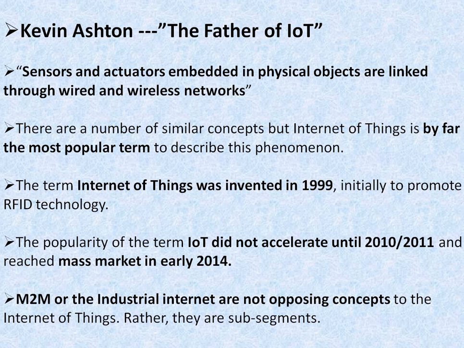The popularity of the term IoT didn't accelerate until 2010 to 2011. After 2011, IoT slowly increased and reached the market in 2014. So this is about the introduction of IoT.